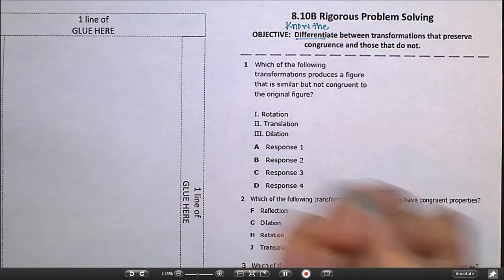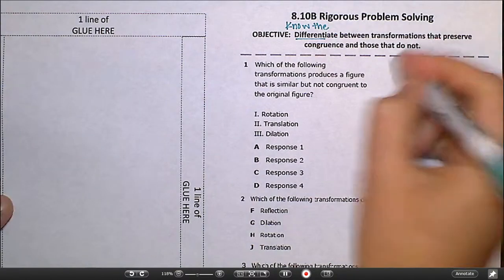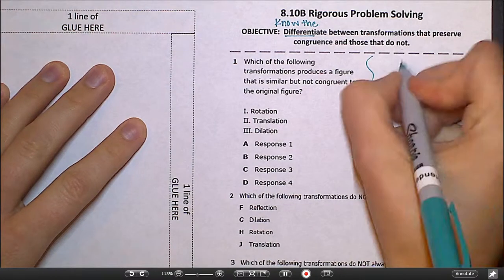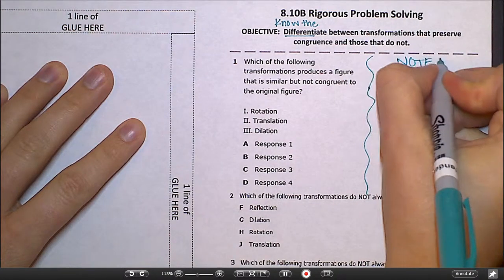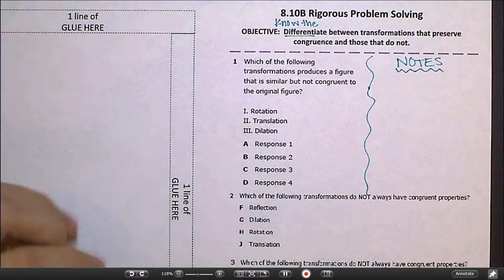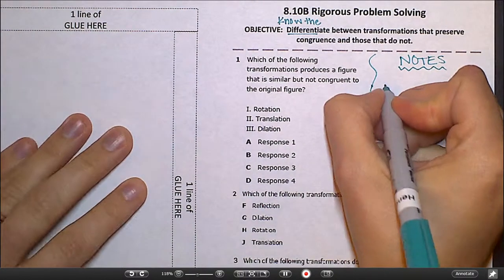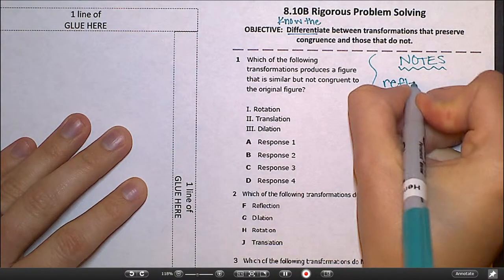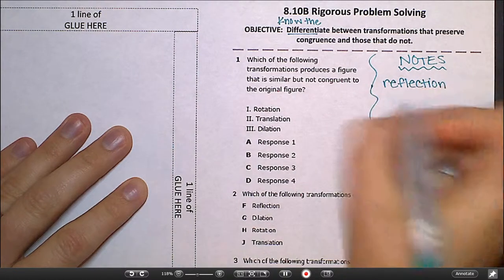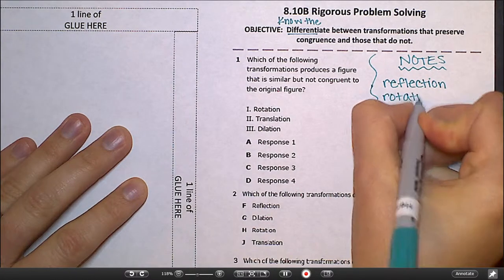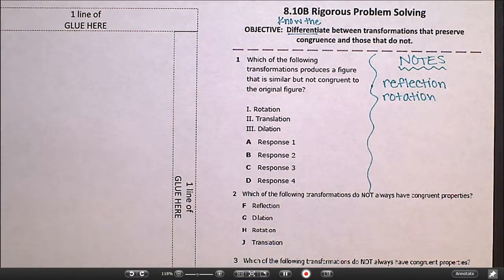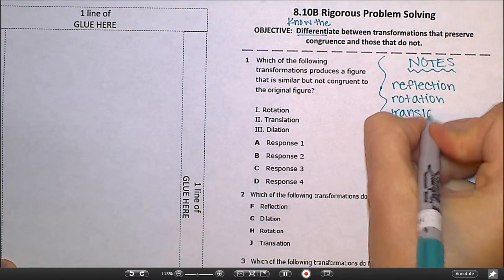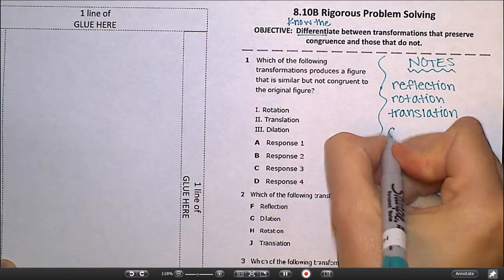So let's take some notes over here. Let's give ourselves some space for some notes. The four types of transformations we have are reflection, rotation, translation, and dilation.